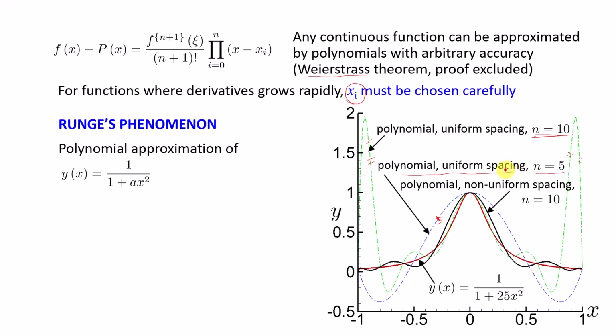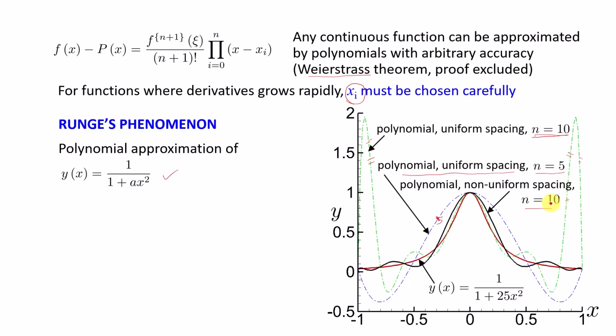What helps is if we keep the spacing non-uniform. That means x0 to x1, x1 to x2, these are the spacing. When I keep the spacing uniform for this kind of function, I get a lot of error. But when it is non-uniform, let us say this black line is non-uniform n equals 10, and this green line is uniform n equals 10.